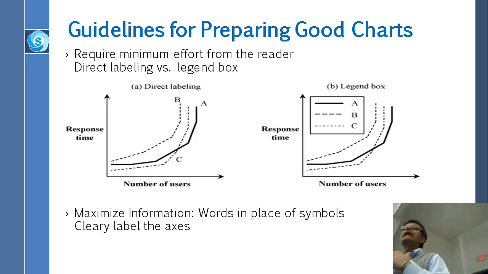If you can, please take the time to prepare the chart in Excel, but then dismantle it and put the labels where they belong. You can take an Excel chart and ungroup it, delete the legend box, and put A, B, C right where they belong.